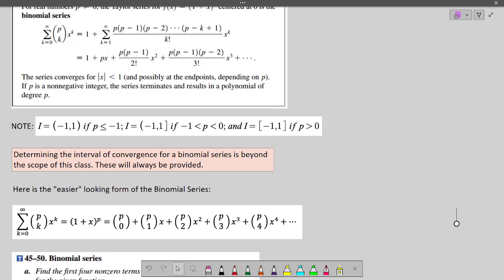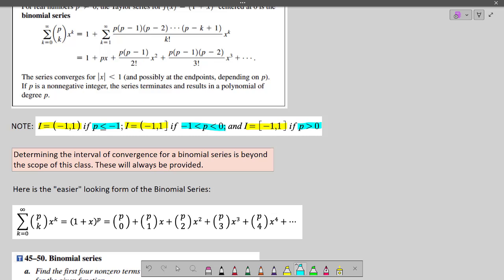Now, one thing that we cannot do in this class is calculate the intervals of convergence for different p-values. So this is always going to be given to you. The interval of convergence will be open (-1 to 1) if p is less than or equal to -1. We're going to close off the right side if we're in this interval, and we're going to close off both sides if p is positive. That will always be given to you.